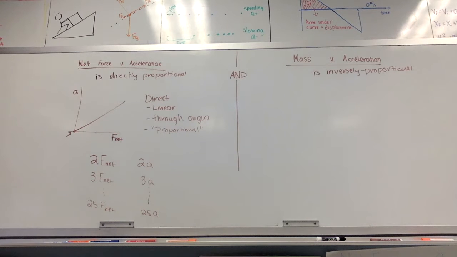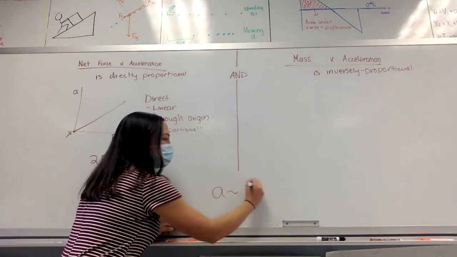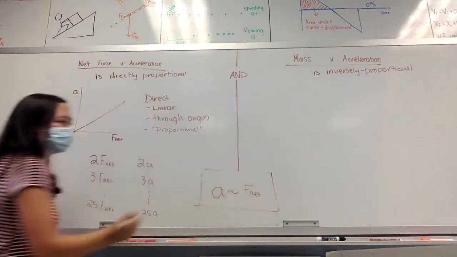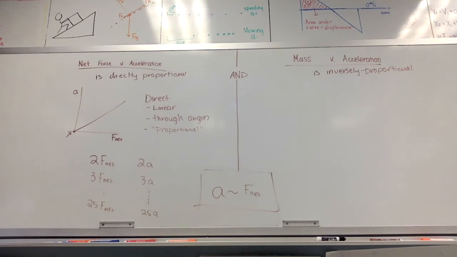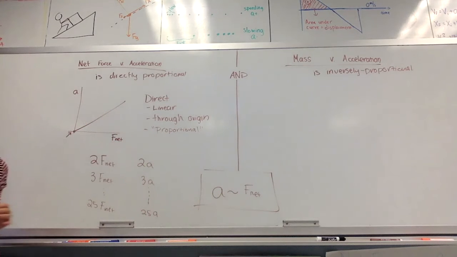When you do out the equation for this, we would write this as acceleration is proportional to net force. And I'm going to put this in the center for reasons you'll see in a second. Acceleration is proportional to net force. So if you double the force, it doubles the acceleration.